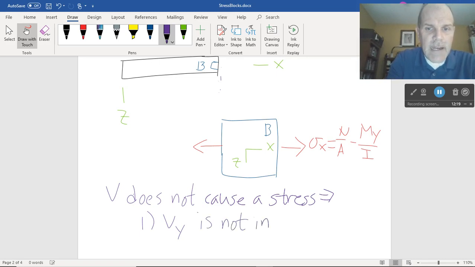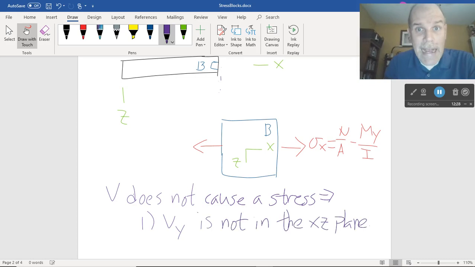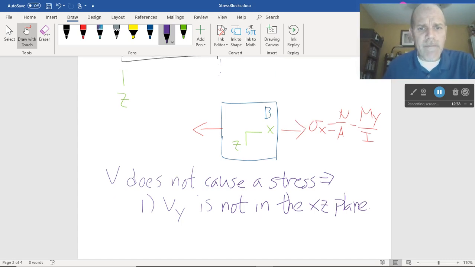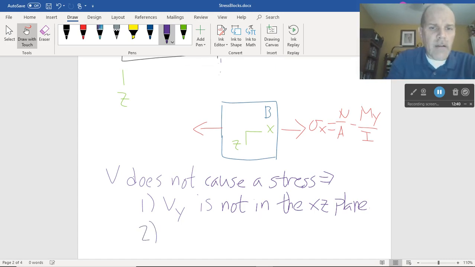It's not in the xz plane, right? When I had point A, I had an xy plane. Hey, a shear force in the y direction can cause a shear stress in the xy plane just fine. Z direction, not so much, right? Can't really do that.